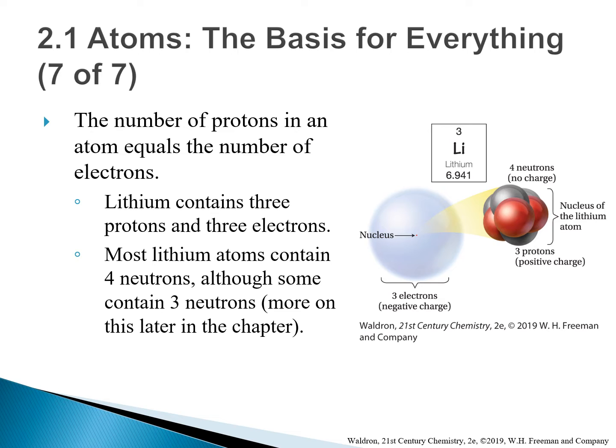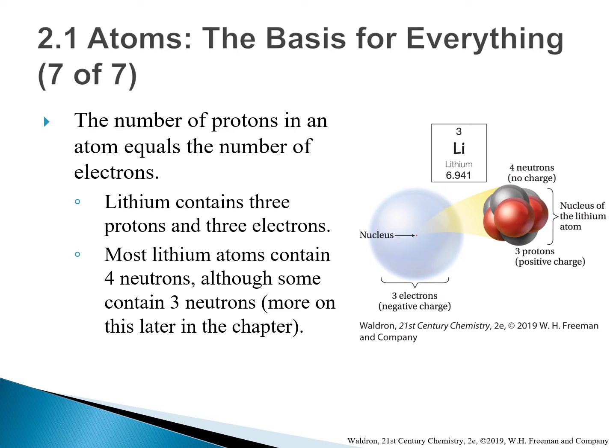Try to recall from the previous slides that an atom has no net charge. It is charge neutral. Therefore, the number of protons in an atom equals the number of electrons. For example, the lithium given to you on the right has 3 protons and 3 electrons.